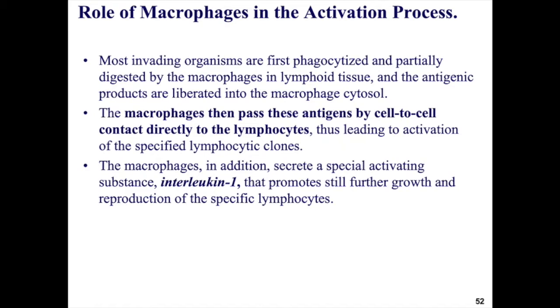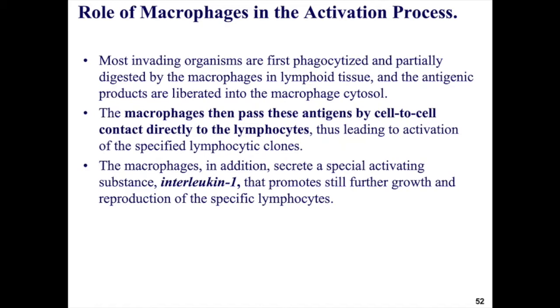Imagine that the antigen is a piece of a protein or a carbohydrate or lipid, whatever it is, inside of a microbe. Only when the microbe is broken can that substance be released. So that's one role of all the cells that perform phagocytosis. But there are other interactions.